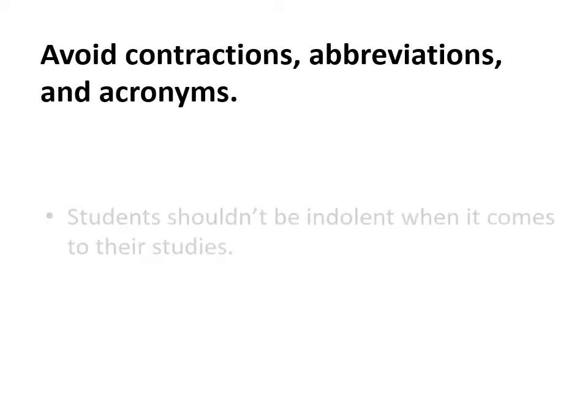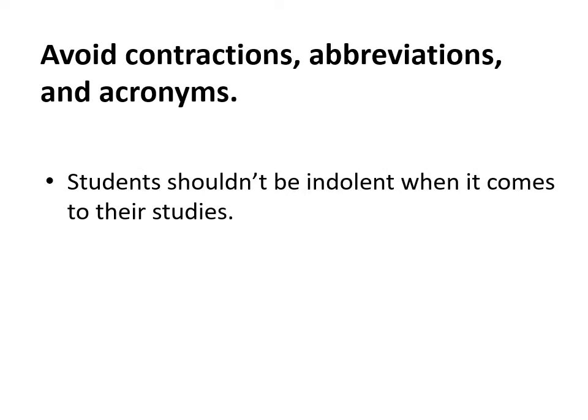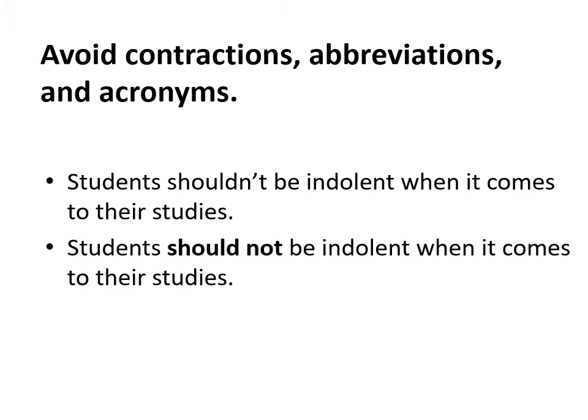So what do we mean when we say contraction? In this example, "Students shouldn't be indolent when it comes to their studies." That is actually informal. To make it formal, it should be written like this: "Students should not be indolent when it comes to their studies." So you should not use the word shouldn't. It has to be should not.